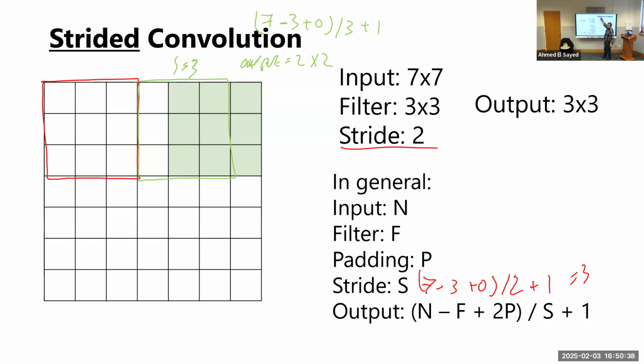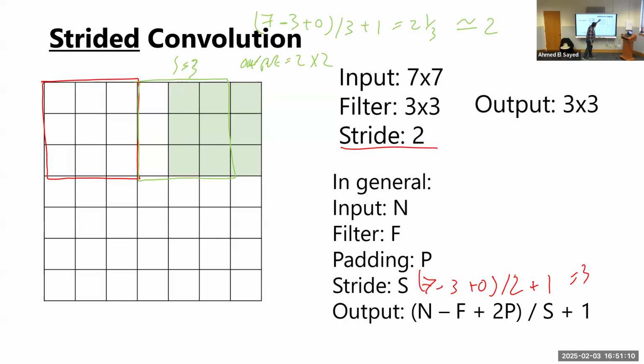So 7 minus 3 equal 4 over 3, 1 and 1/3 plus 1, 2 and 1/3. Can we have 1/3 pixel? No. So if we round this, it will be what? So it will be 2 by 2. Does this make sense? Yes.